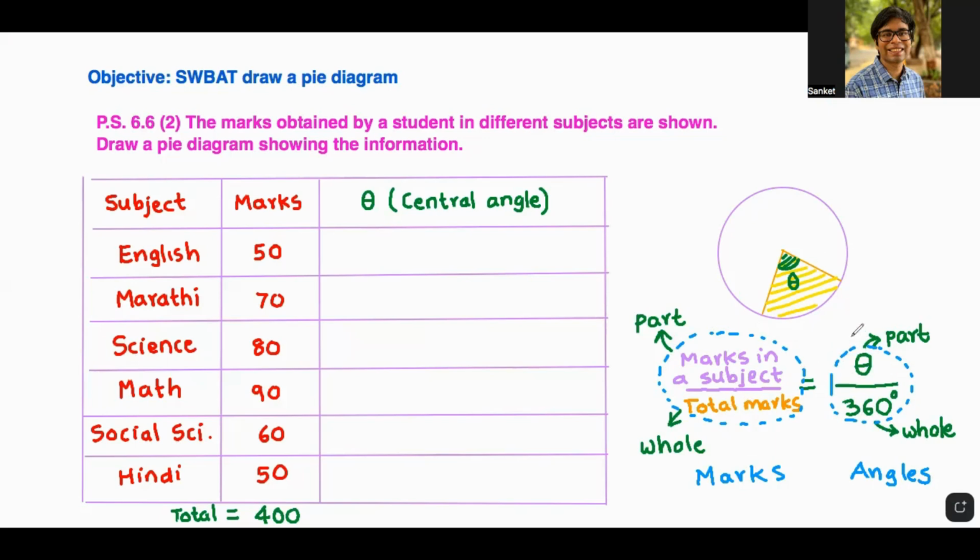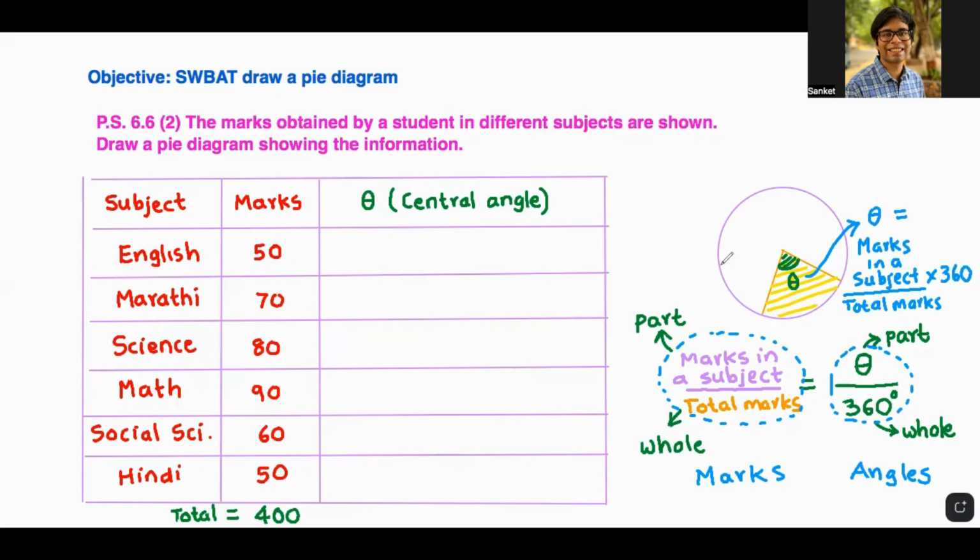So if I use this equation, I can find theta as marks in a subject upon total marks, and this 360 goes here and gets multiplied. So multiplied by 360.